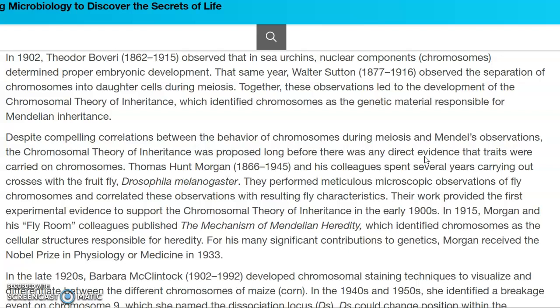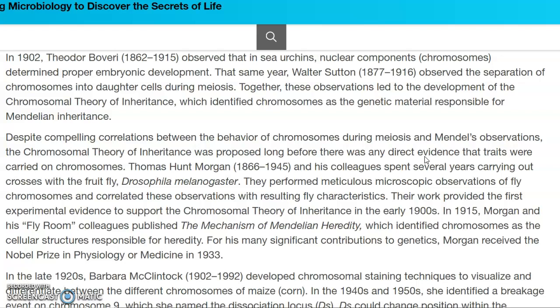And then in the 1910s, around 1915, we had an individual named Thomas Hunt Morgan. He worked with the fruit fly Drosophila melanogaster.